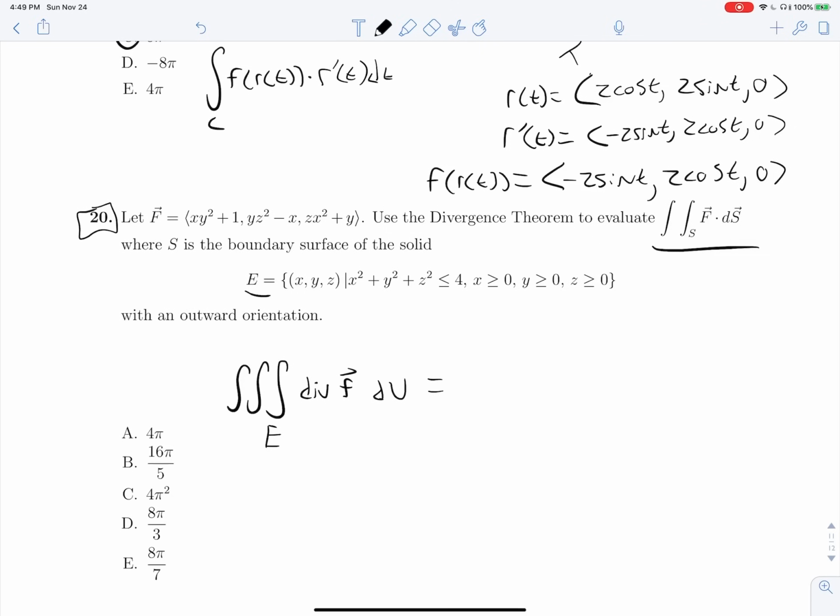And we can find that. So the divergence of f is going to be del dot f, and all we're really doing there is taking the partial derivatives of each component with respect to its variable, and adding them together.